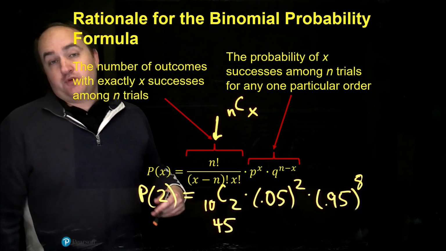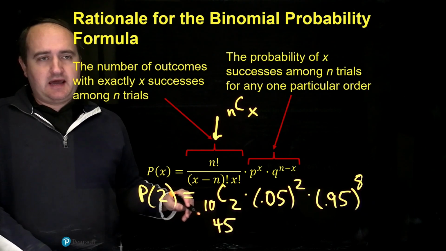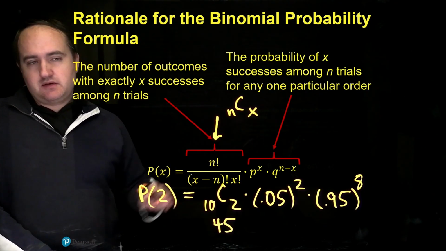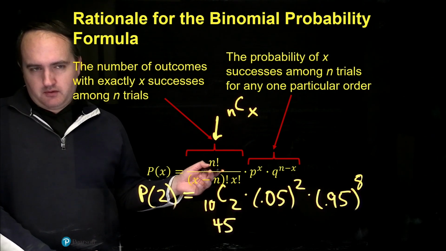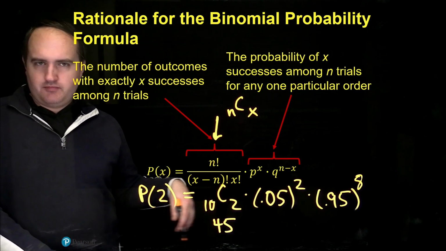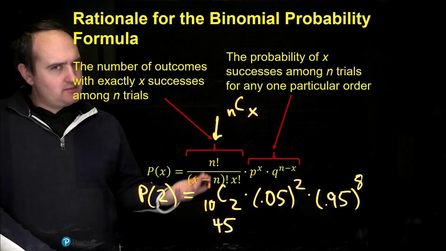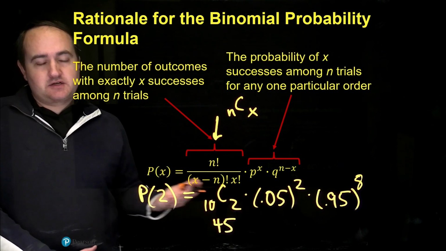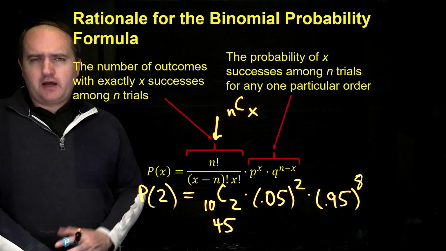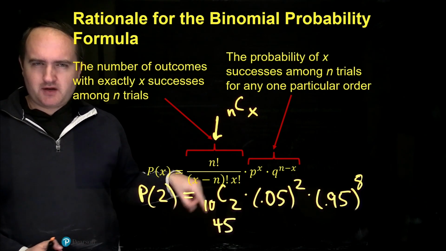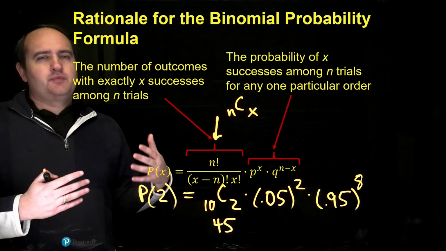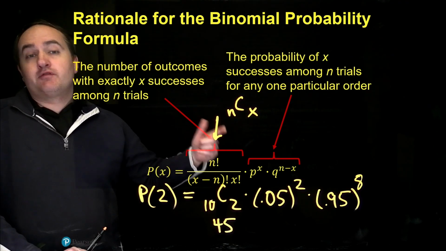And of course, if your calculator for some reason doesn't have nCx or nCr, you can also do it with factorials the way we did before. But I don't want to take up more time in this video doing that because I did multiple examples of that in section 4.4. Well, I don't know if I did multiple examples, but I know I did at least one example of combinations, and I did other examples where we were canceling out factorials.